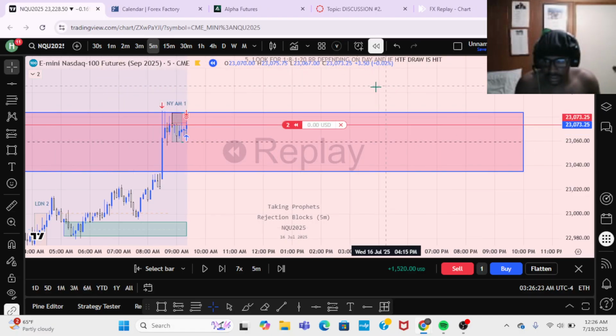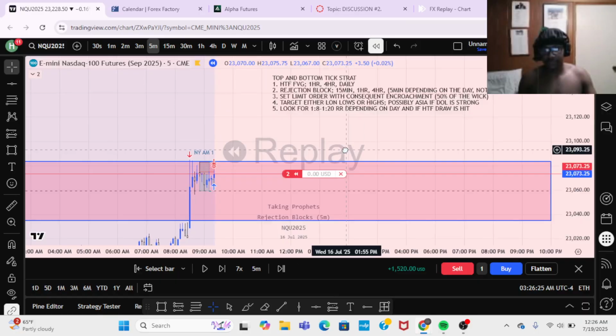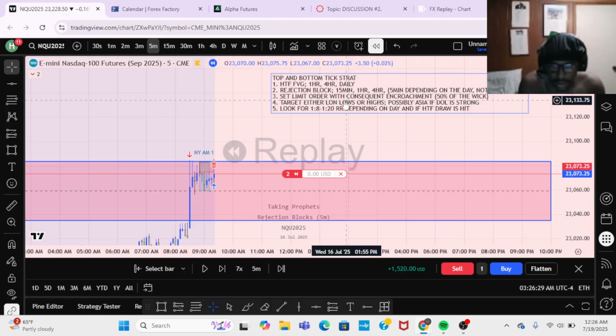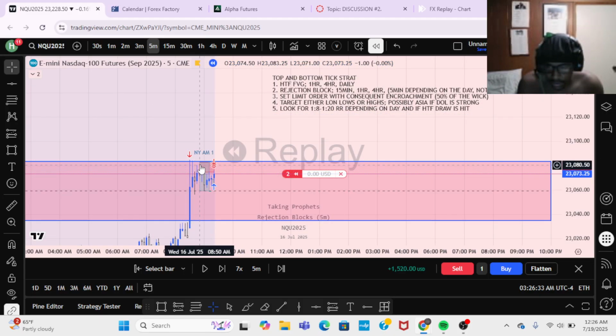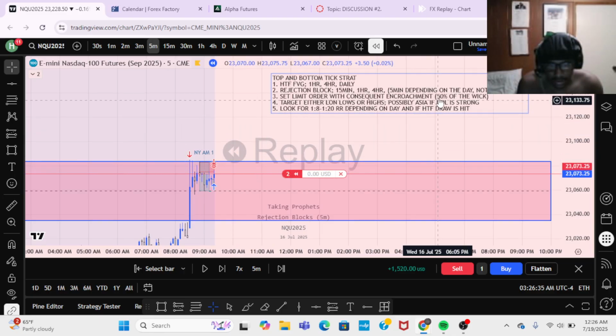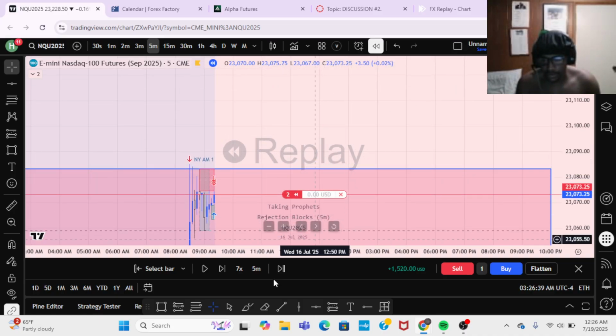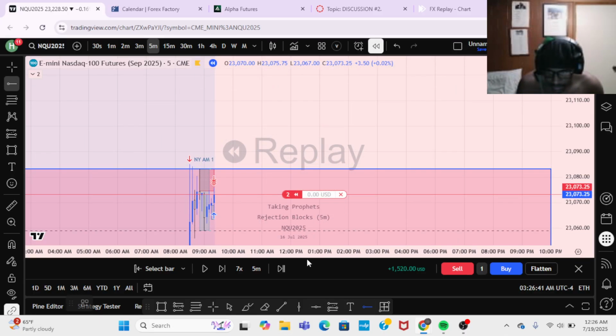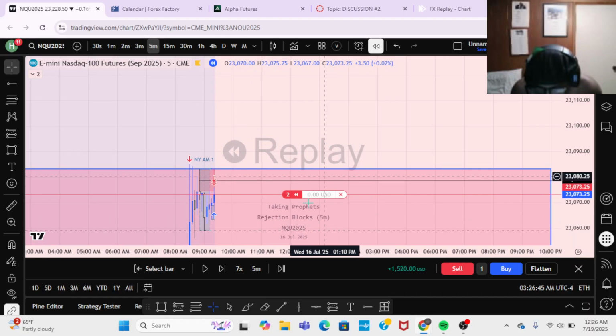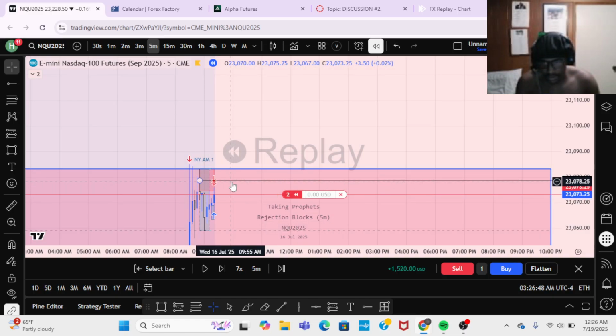Now, I couldn't really set it perfectly because it's FX replay, but when you set your limit order for this, you want it at the consequent encroachment of the rejection block's wick. So that's 50% of the wick, the halfway point. The halfway point of this wick would be right here. So ideally, this is where you want your limit order.